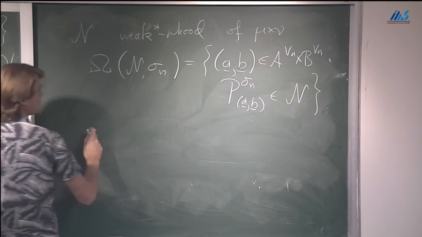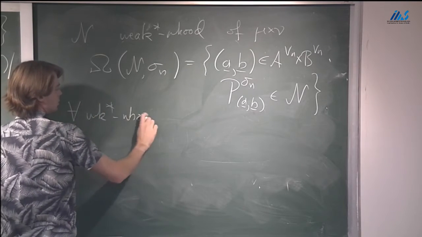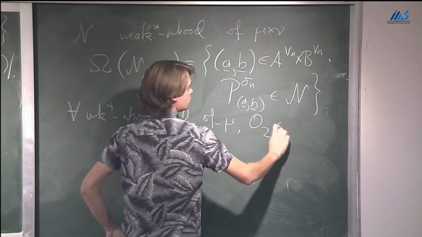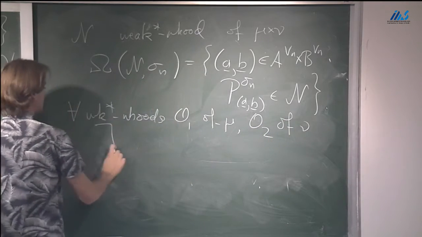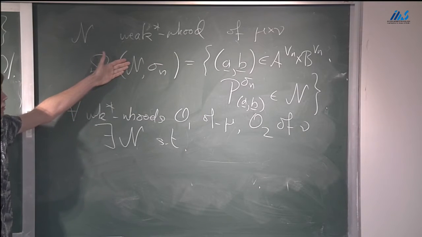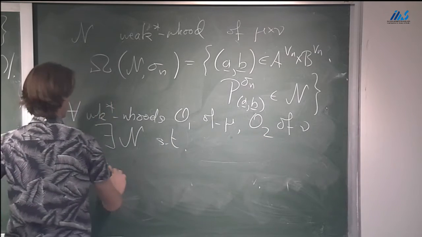Let me write that formally. For any weak star neighborhoods O1 of mu and O2 of nu, there is an n such that this is contained in the set of pairs of O1 good models for mu and O2 good models for nu.